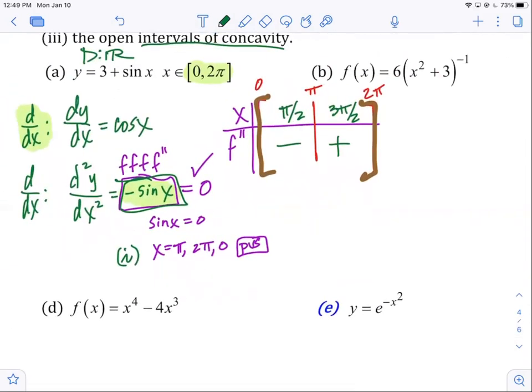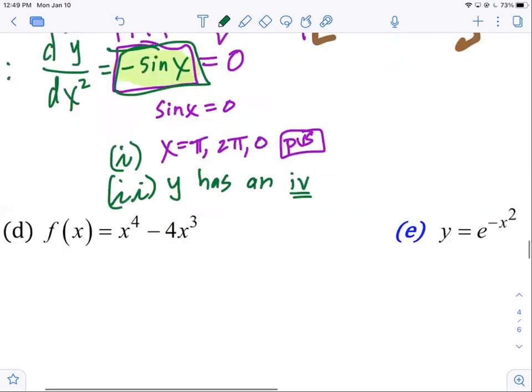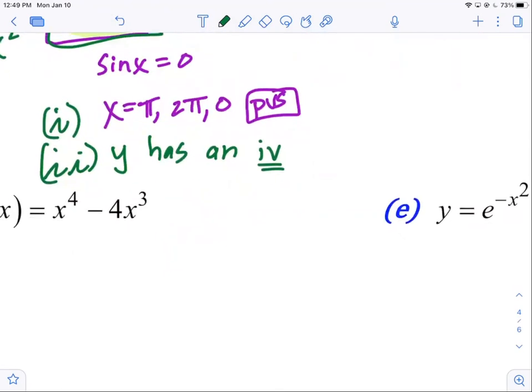Is there an inflection value, or actually I should say, does Y have an inflection value at pi? Yes. Okay. Now I don't have to justify that it's a pivotal value because my work does that for me. But remember, critical values do. So it's going to look almost like we did previously. Y has an inflection value, and I'm going to put IV for short. Again, abbreviate all the way up to the day of the exam at X equals pi.